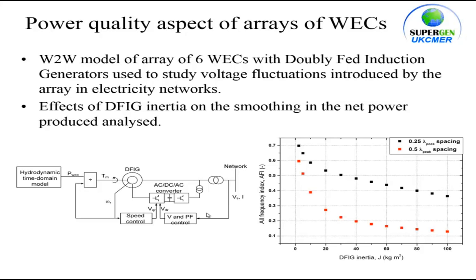We've got some DFIG generators in this case. Here we show the effect of spacing between the converters and also of added inertia. We can add some inertia to the generator, and both of those result in smoothing. So you can see as we add more inertia to the DFIG, we get this smoothing, and that's good for our network.